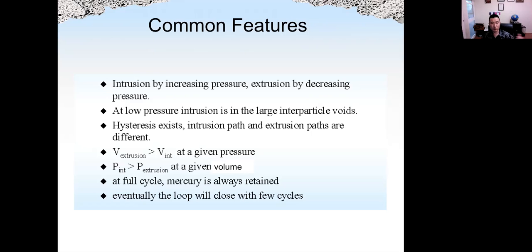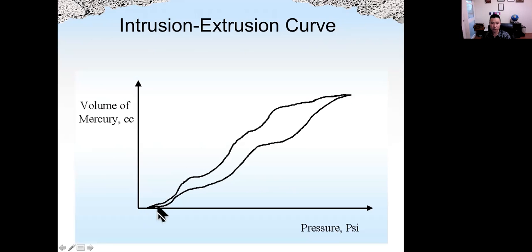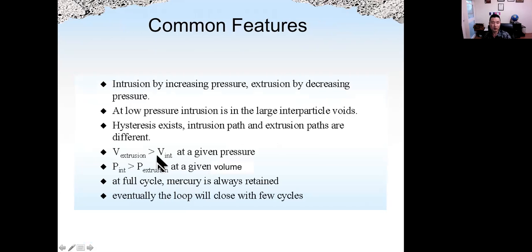The difference between intrusion and extrusion, we call that hysteresis. That's why we have intrusion paths and extrusion paths, and these two paths are different. The intrusion path is lower than the extrusion path. So the volume of extrusion will be larger than the volume of intrusion at any given pressure.